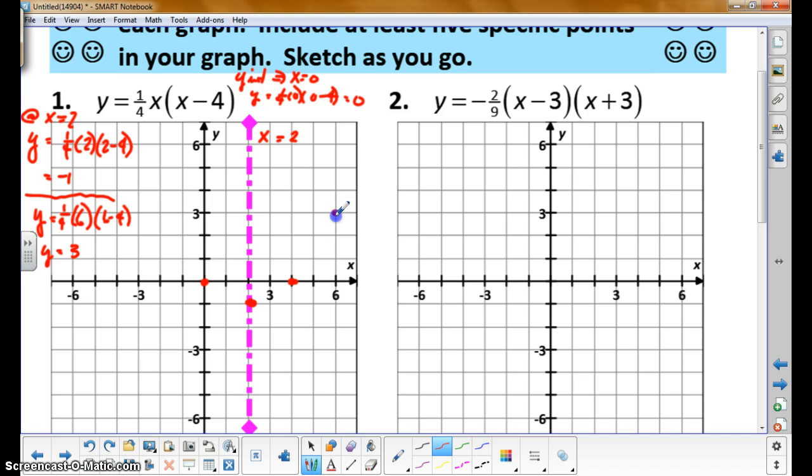And then we can go over, since this is 1, 2, 3, 4 away from the line of symmetry, we can just follow that horizontal coordinate 1, 2, 3, 4 to get our 5th point. So our 4th point is going to be at 6, 3, and our 5th point is going to be negative 2, 3. So there is our lovely wide parabola that is so difficult to draw on my slate.